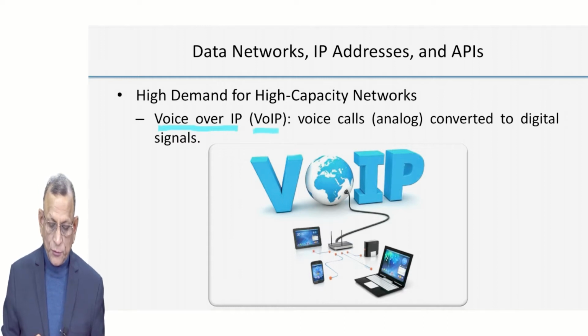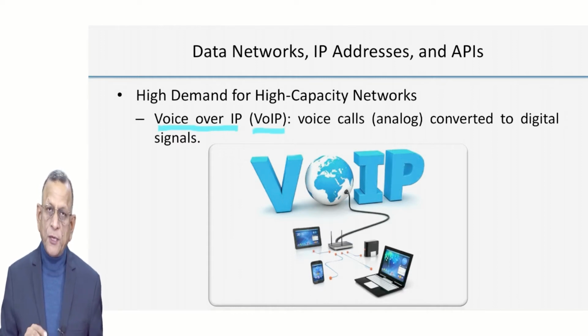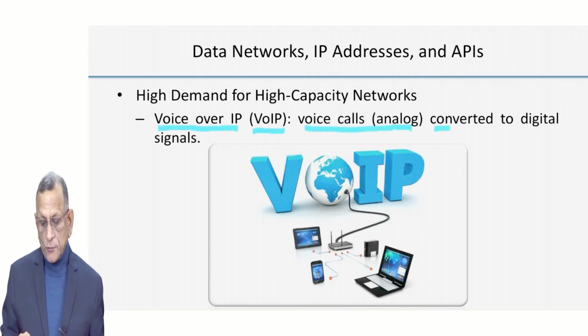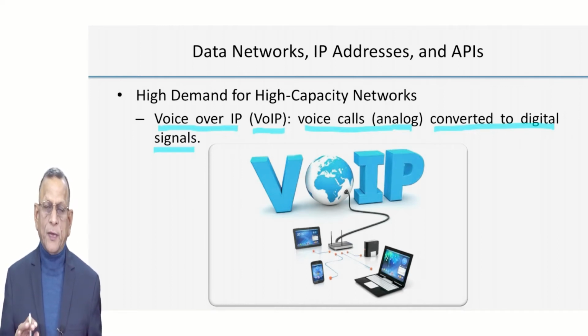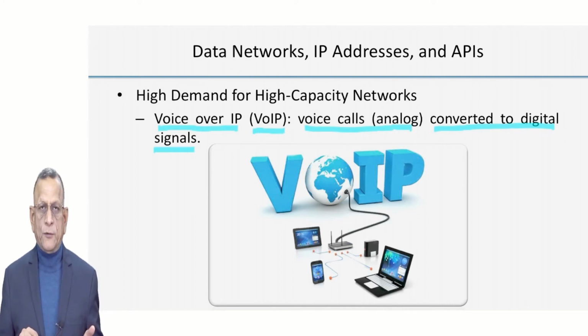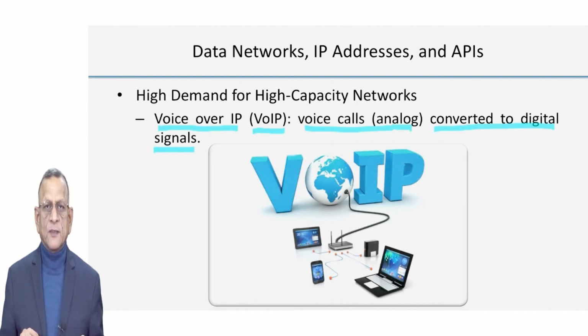This is also known as VoIP, voice calls analog converted to digital signals. You are saying something, it's a voice. Normally, with the traditional telephones, which were based on wires, analog signals were being transmitted.